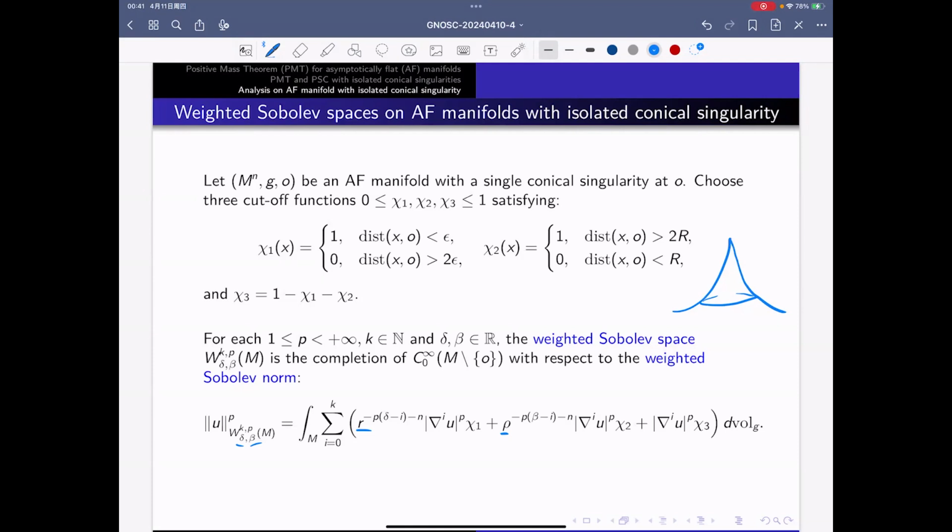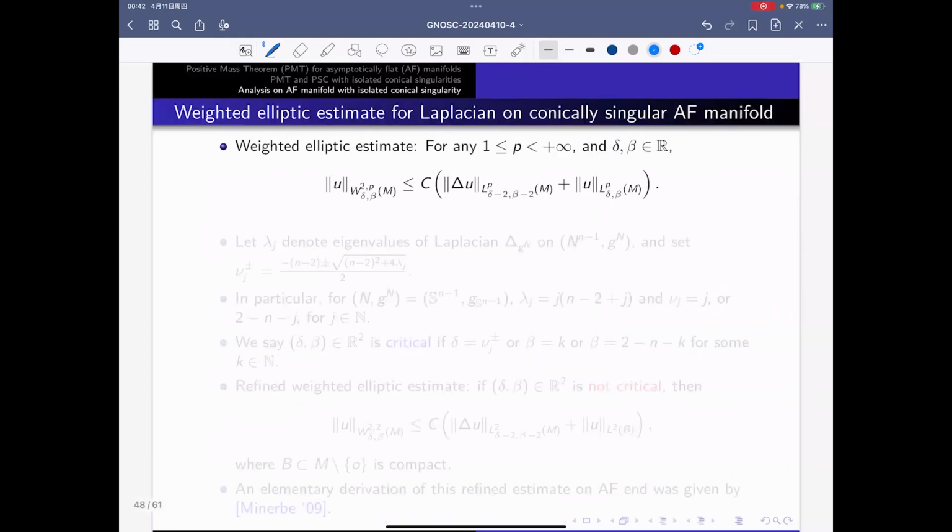We give this kind of weight for the Sobolev norm, and this weighted Sobolev norm has a very nice homogeneity property when we scale the function along the radial direction of the cone or the asymptotically flat end. By this, one can easily obtain a weighted elliptic estimate.